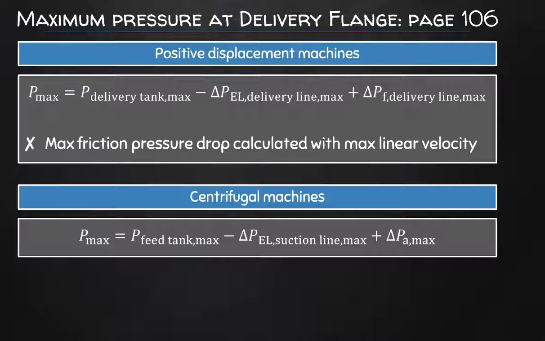It should be noted that if the delivery line following a positive displacement pump is closed at all, I asked this question earlier on in the lecture, what would happen?